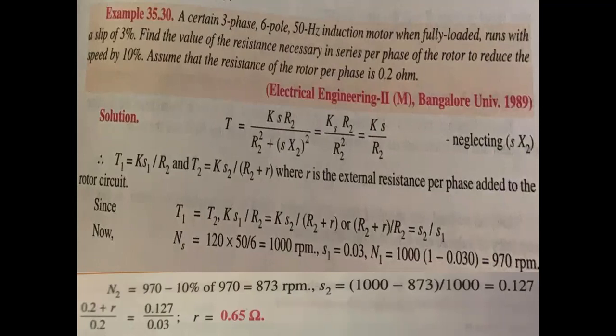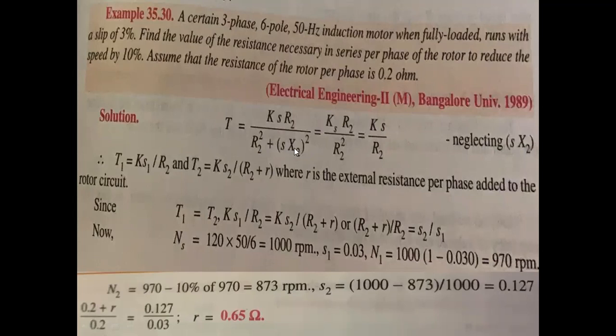We know that torque is equal to K S R2 by R2 square plus S X2 square, which becomes K into S by R2, because we are neglecting S X2 as compared to R2; it will be very small.